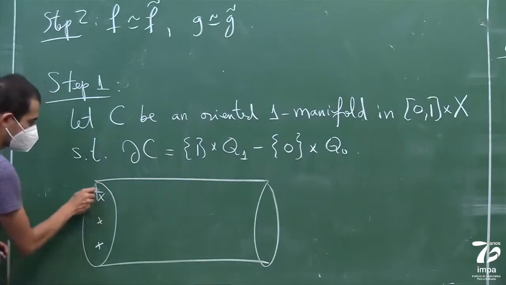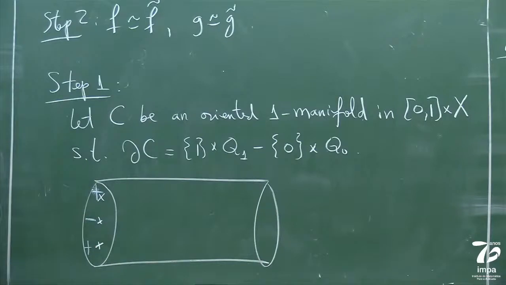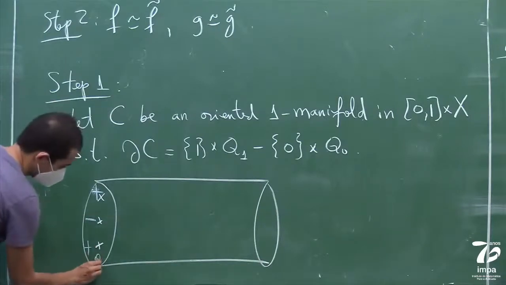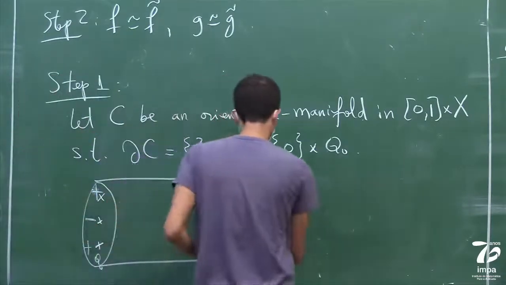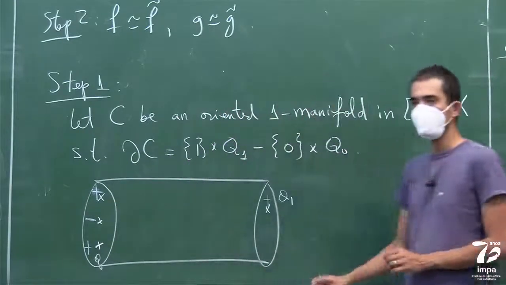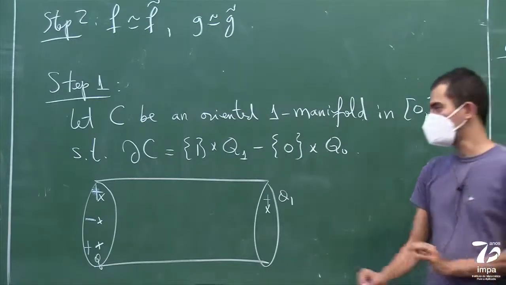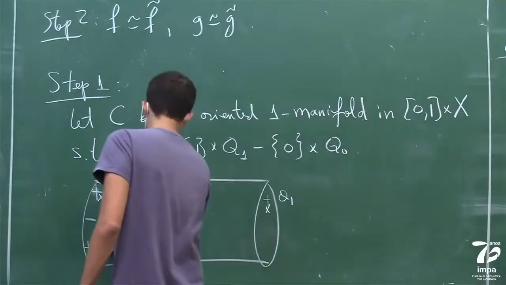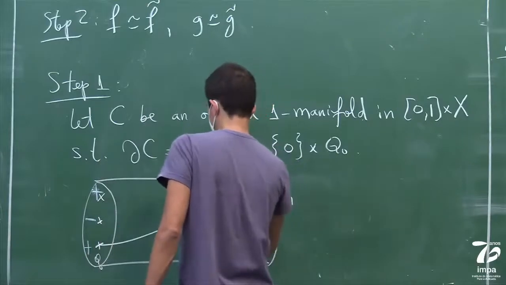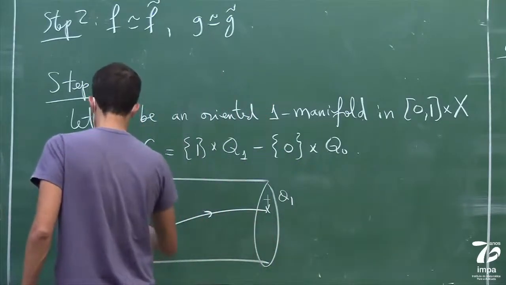Say this point is a plus, this is a minus, and this is a plus. And so this is Q0. And Q1, say, is just a point with a plus. So what I want to do is connect these points in the following way. For example, in this example, I can do this, and then here I can do this.